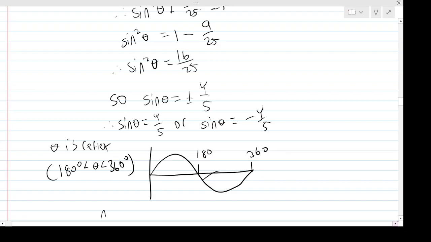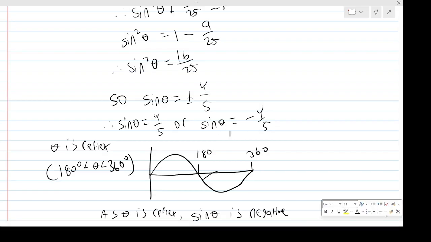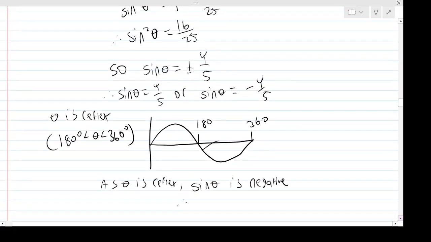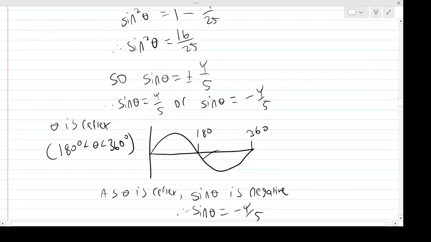So I'm going to say, as theta is reflex, then sine theta must be negative. So the value of sine theta, because it's on the negative part of the graph between those two angles, means we have to take minus 4 over 5. So therefore, sine theta is minus 4 over 5.